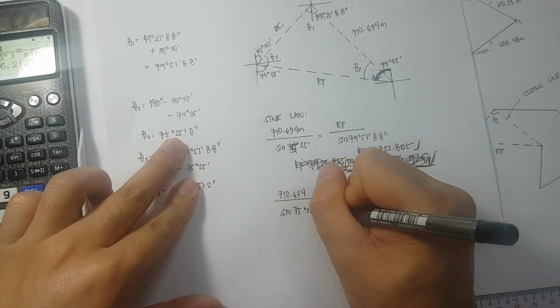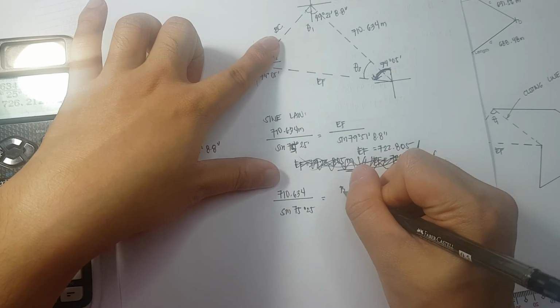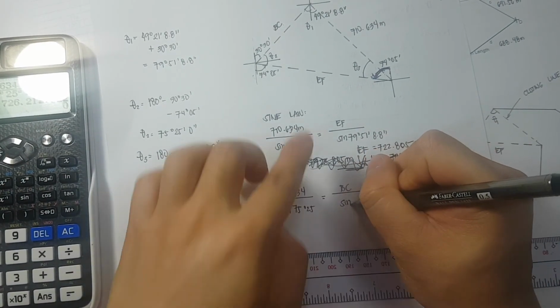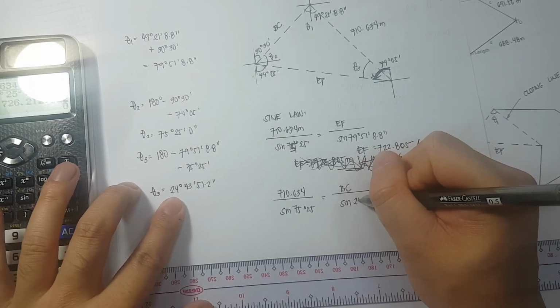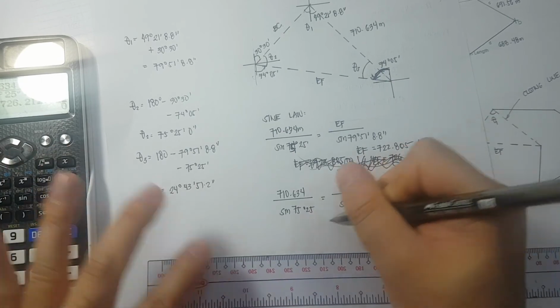So, 710.634 over sine 75.25 is equivalent to side BC over sine of the opposite angle, which is theta 3. Sine theta 3 is 24 degrees 43 minutes 51.2 seconds.